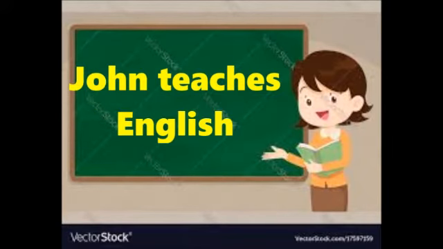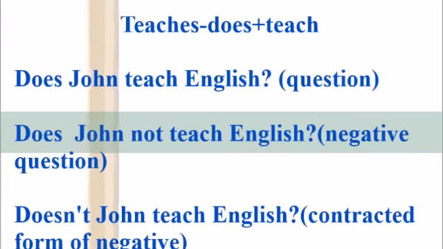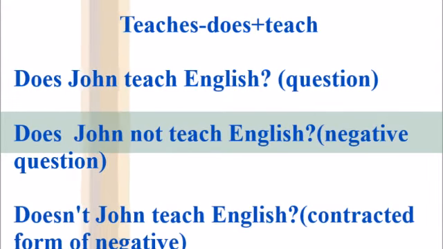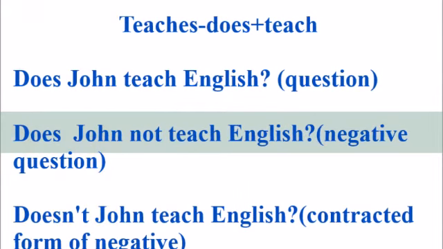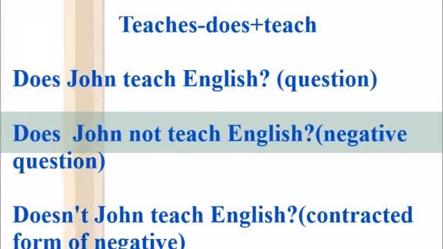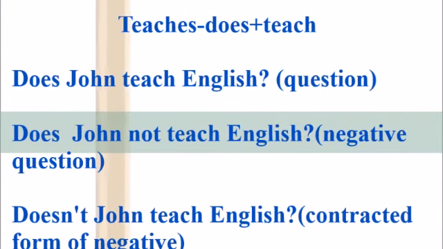Now take the next example. John teaches English. We have already discussed in my previous videos, when there is no helping verb in the statement, we have to use do, does or did depending upon the tense and the subject of the sentence. So here we have a third person singular.